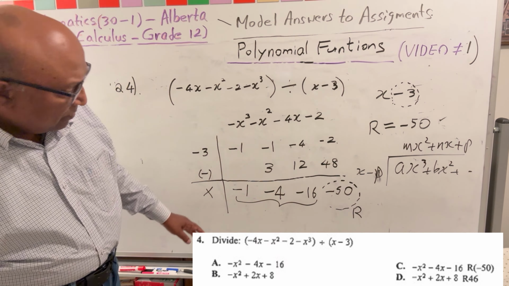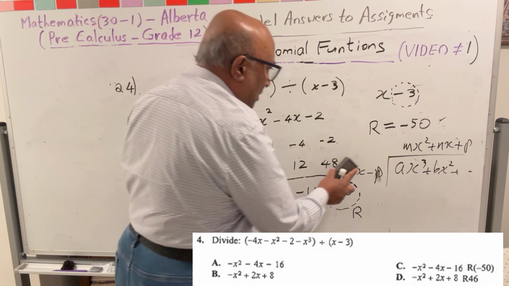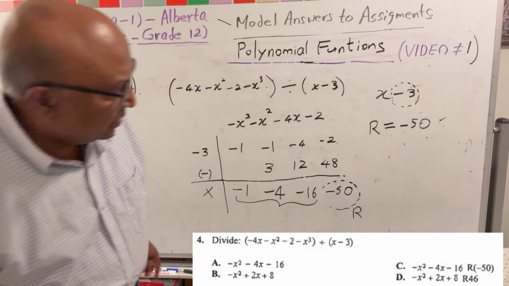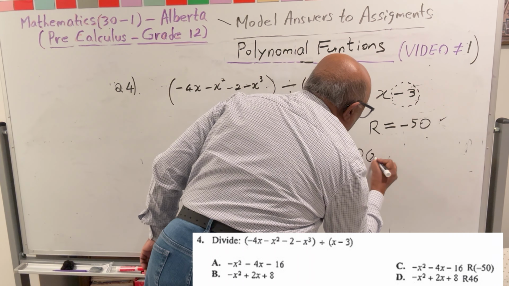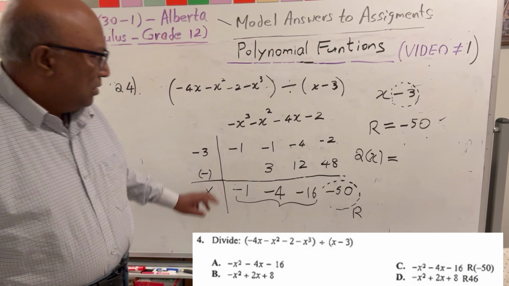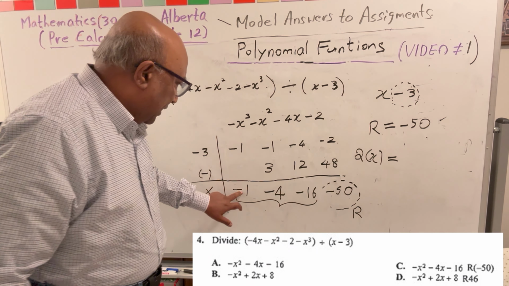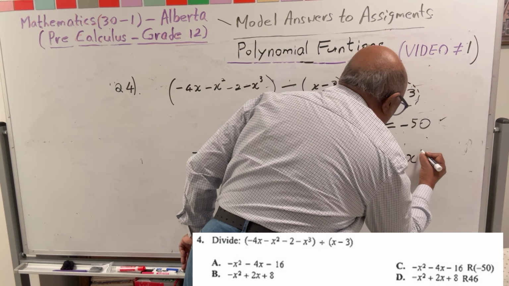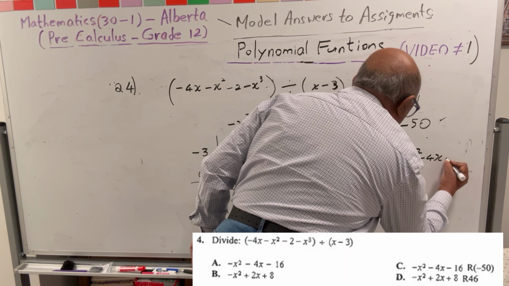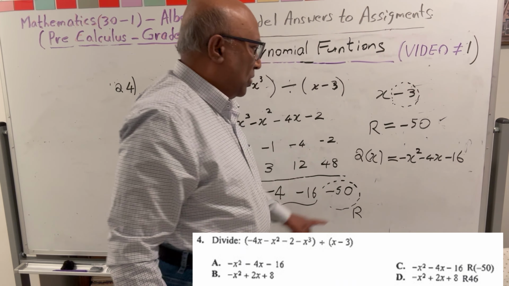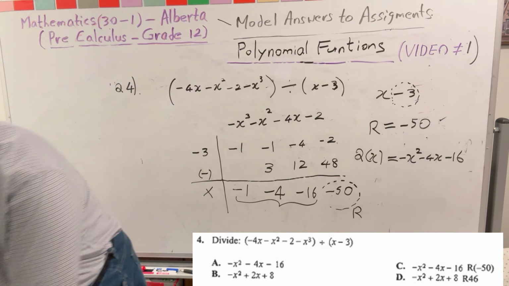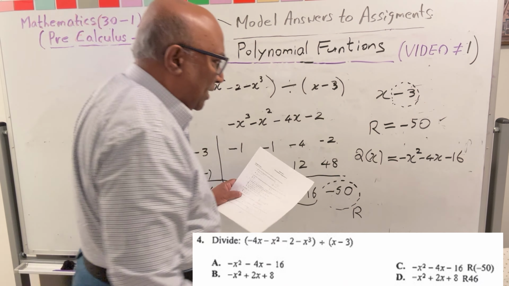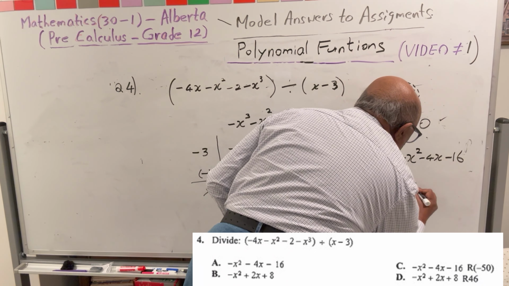That means you are able to write the expression of the polynomial Q(x), degree 2. These are the coefficients. You must start from this one. Minus 1 times x squared, minus 4 times x, minus 16. Okay, this is the quotient, this is the remainder. Let's look at the answer. Correct answer is answer number C.